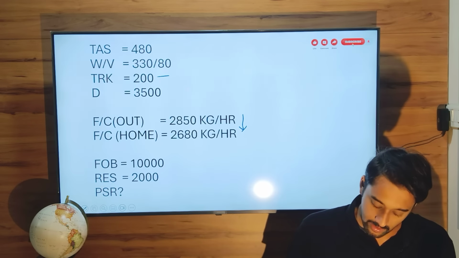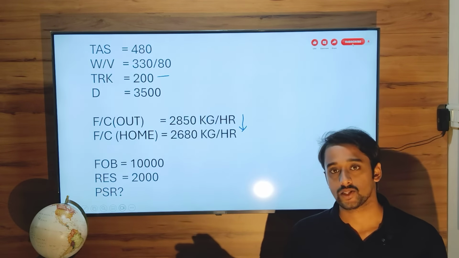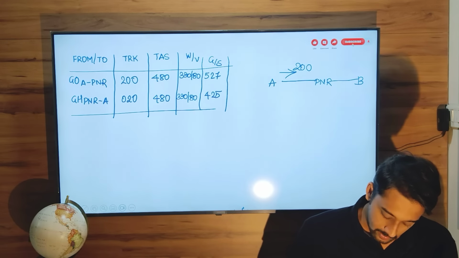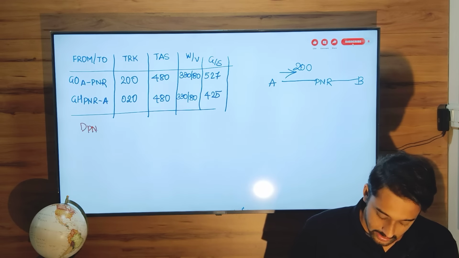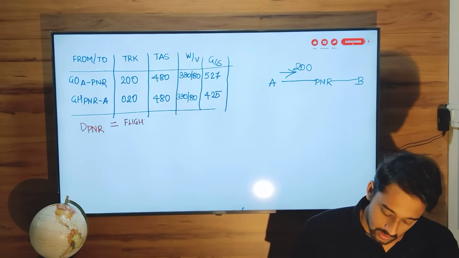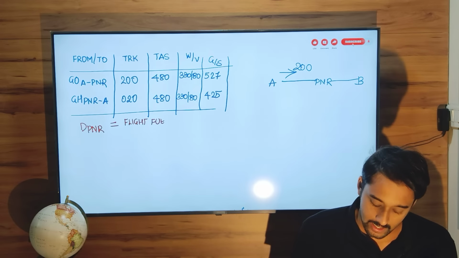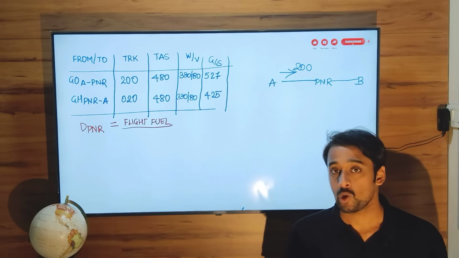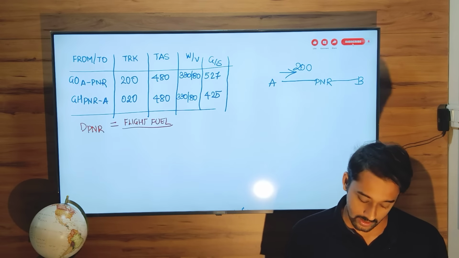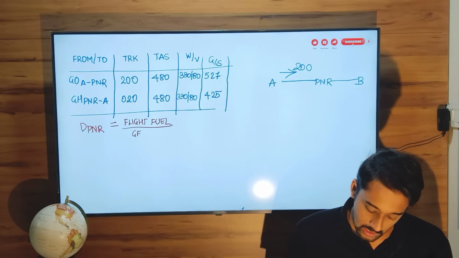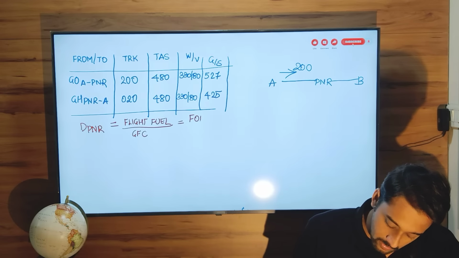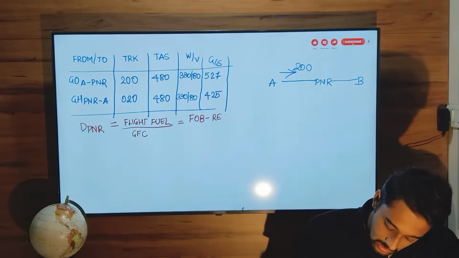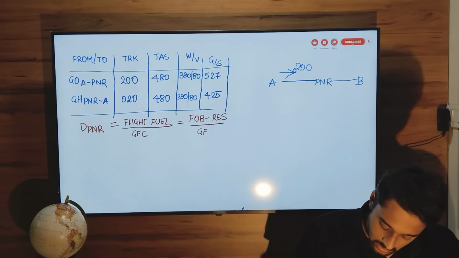Now here we have been given different fuel consumption rates. So we will use the other formula for distance to PNR, which is flight fuel, the fuel used only for the flight, not inclusive of reserve and all that, divided by gross fuel consumption. Which is equal to fuel on board minus reserve divided by gross fuel consumption.